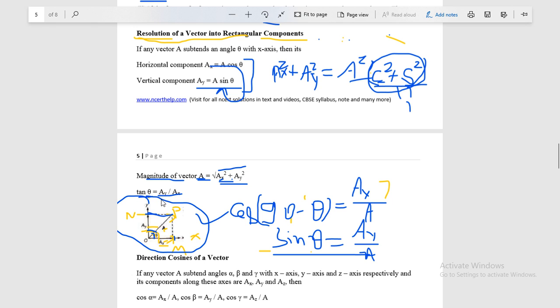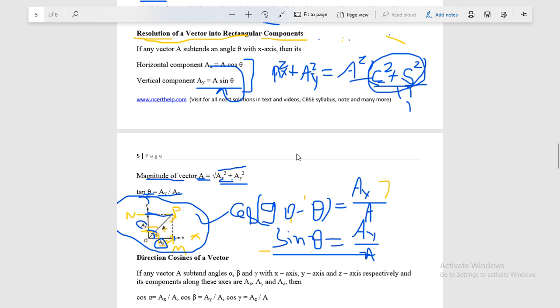So if you know the magnitudes of the components ay and ax, you can find out the angle between ax and vector a. So these are some very important points which you should notice, and these points will help you to solve the numerical problems related to this topic.